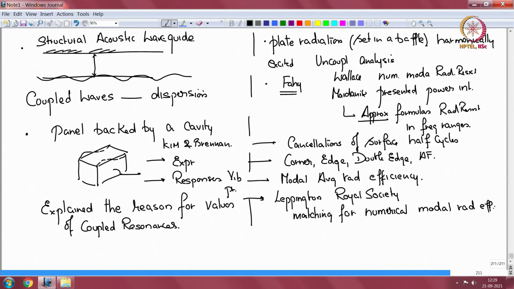It's very mathematical. What do I mean? If Wallace computes his radiation efficiency curve, then Leppington computes a closed form formula that matches like this. But it's very mathematical because it's a whole lot of asymptotics and so forth.